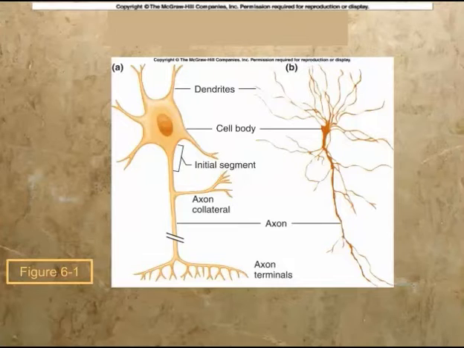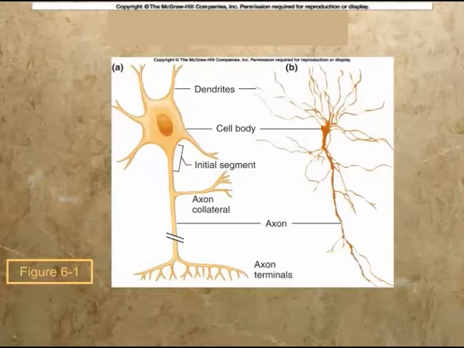In both cases, you should commit to memory the basic structures you see: the dendrites, the cell body, the initial segment or axonal hillock, the axon collaterals, and the axon terminals. In the classic form of communication between neurons packed together in the central nervous system, a single neuron may have hundreds or even thousands of axon terminals from surrounding neurons forming synapses with its dendrites.